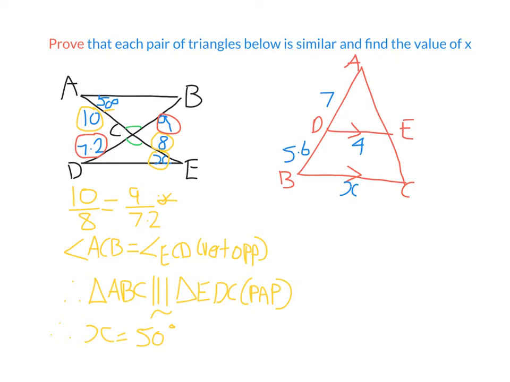All right, let's look at this one now, the red triangles. Here, I don't have enough information to use sides in proportion. Remember I said before you have to have at least 2 pairs of sides in proportion. I don't have the lengths of 2 pairs of sides. There's not enough information to use any of the tests involving sides in proportion.